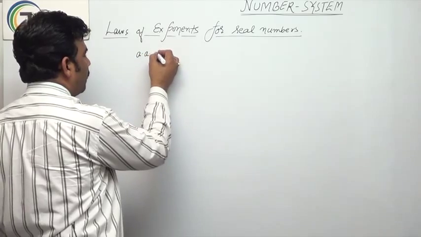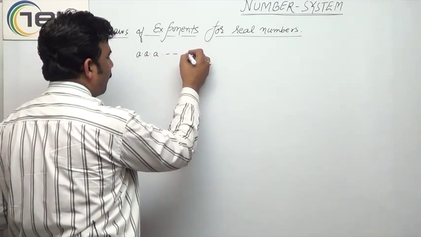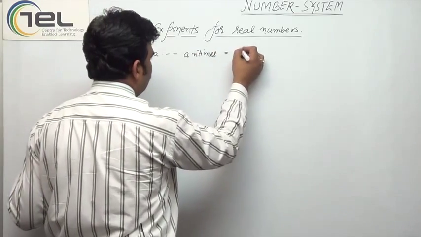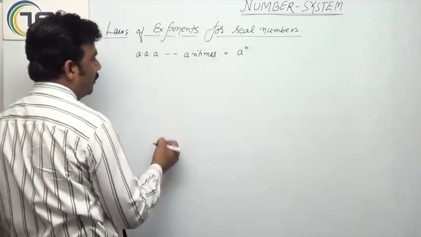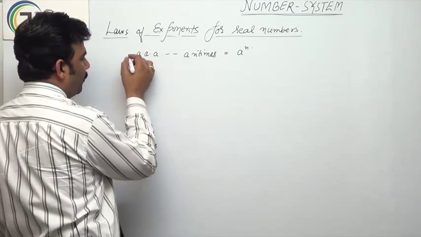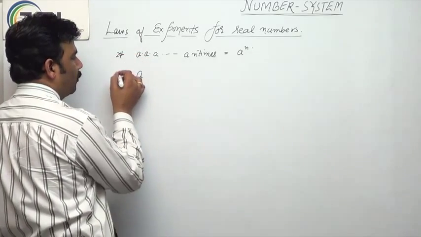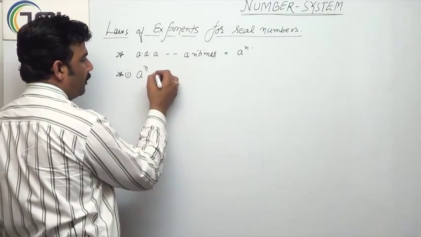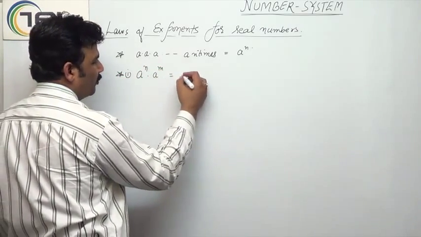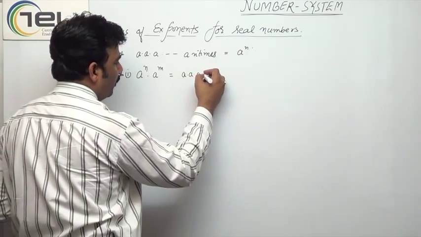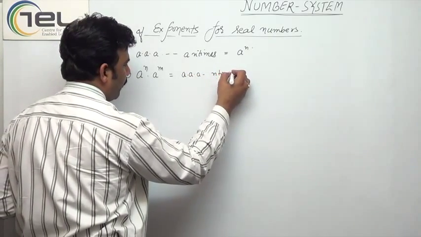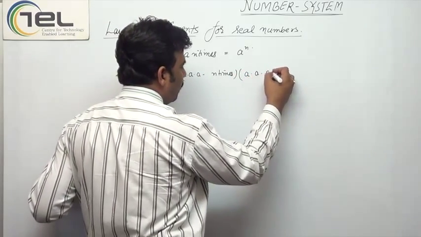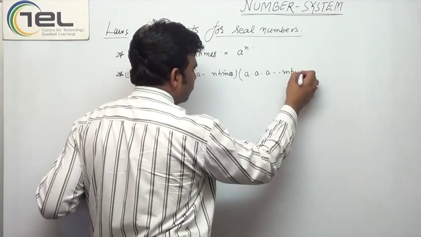A multiplied n times is equal to A raised to the power n. This is the rule. Now the first one: A raised to the power n into A raised to the power m equals A n times multiplied by A m times.